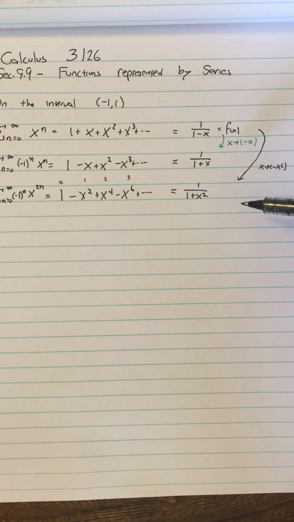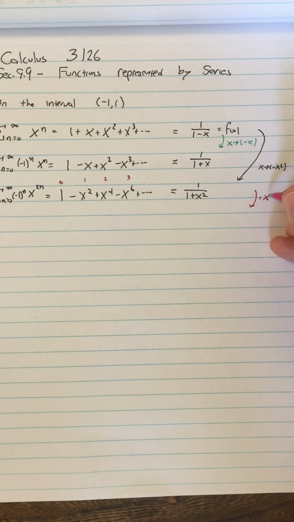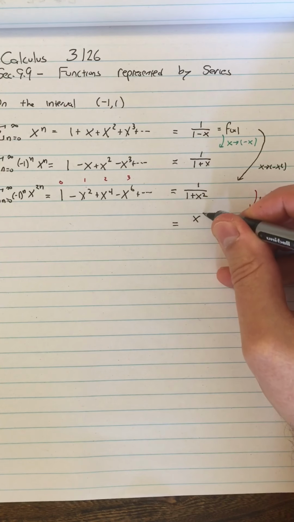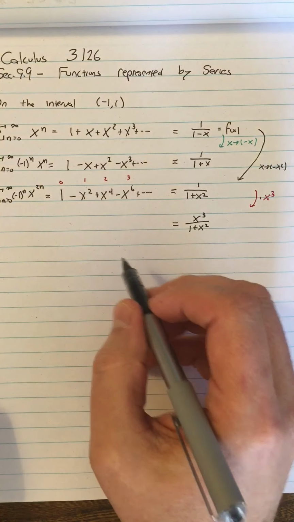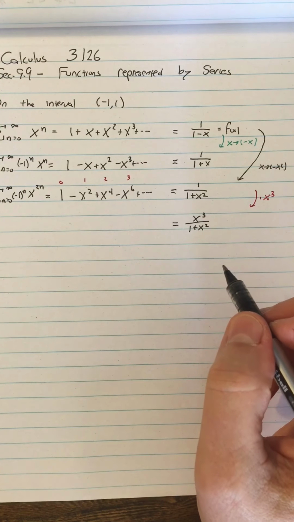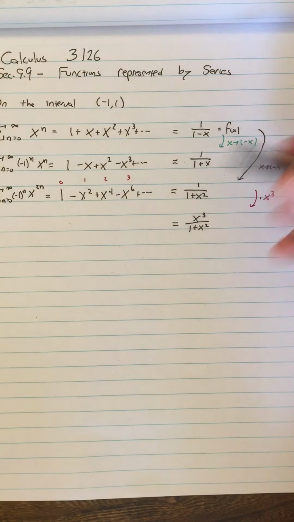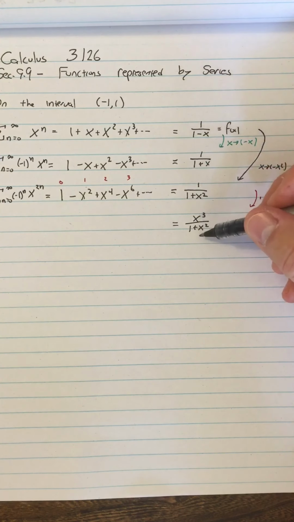So another thing we can do is take a series like this and multiply both sides by, let's say, x cubed. So I can just multiply this one times x cubed. And then what I'm going to have over here is x cubed over 1 plus x squared. I had originally planned to go back to the earlier one to get this, but you can actually do this to any one of these series.